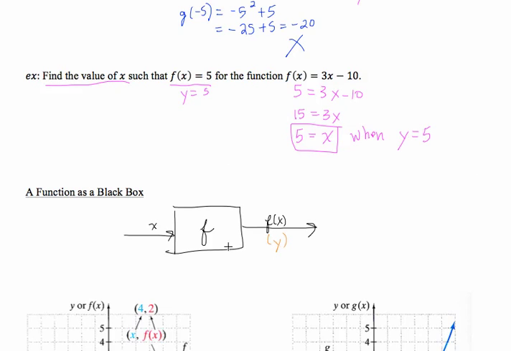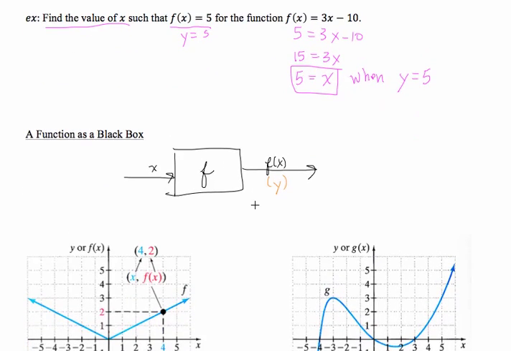That's just one way to think of it. So what this function up here does on the inside of the box is it multiplies x by 3 and then subtracts 10. So this could be 3x minus 10. It changes it and then it gives you the output. The f does something to it. So you have your input, what the function does, and then the output.